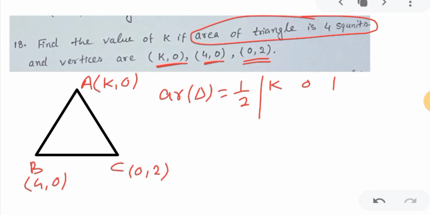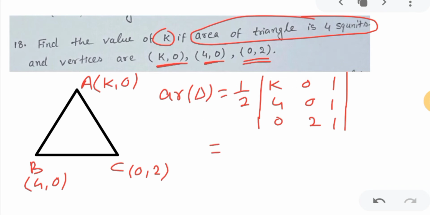And the third point is 0 comma 2, so 0 2 1 according to the formula. This is the area, correct? And this area is given as 4, and using that equation we will find the value of k. First I am finding the area, then I will equate that area with 4.